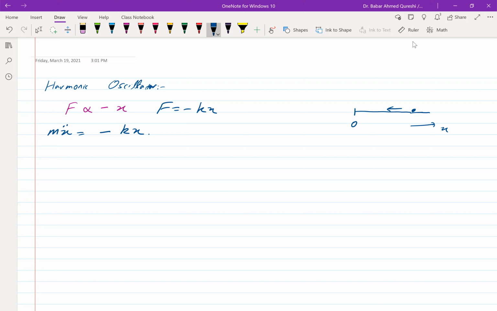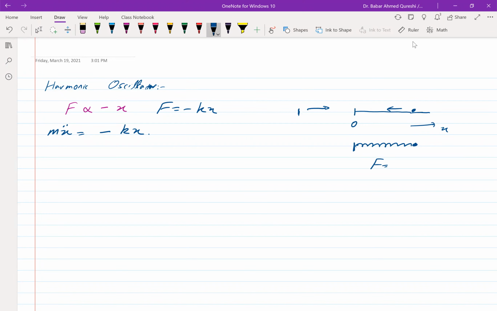That means that the acceleration is directed inwards. If you are on this side of the origin, it's directed this way. If you are on the right hand side, it's again directed inwards. So you pull the particle and the force pulls you back. You can approximate a spring.